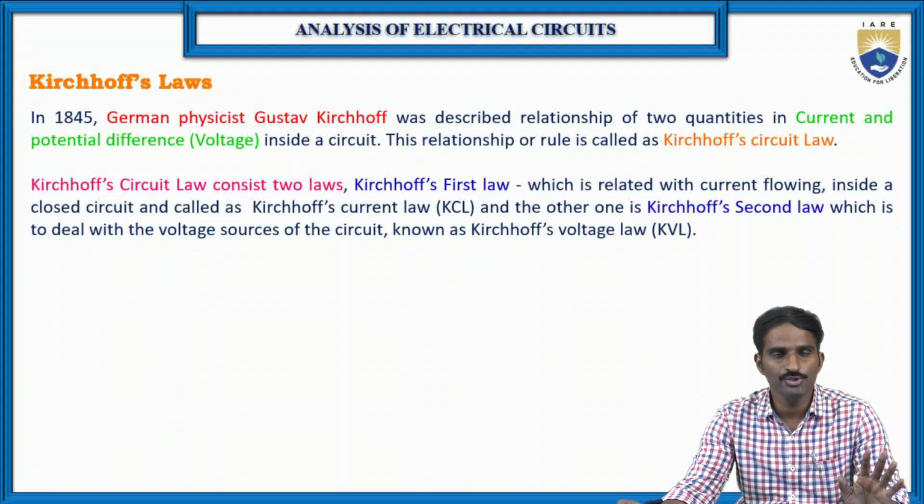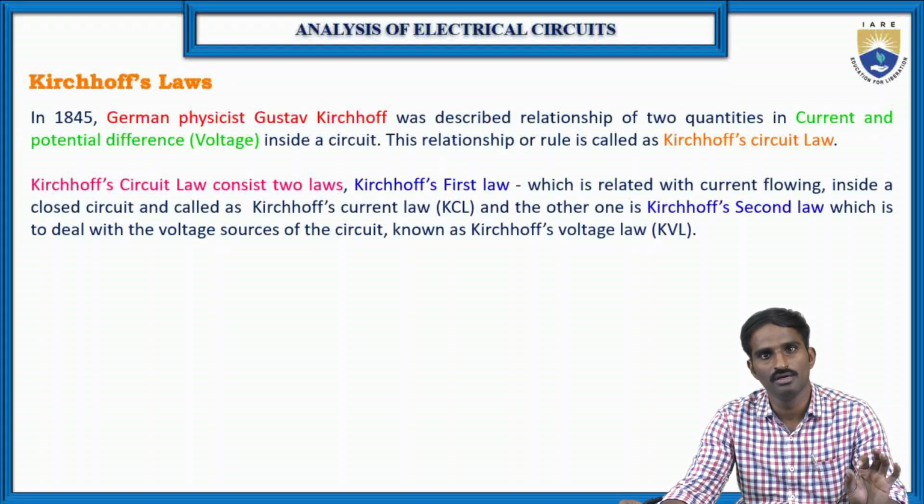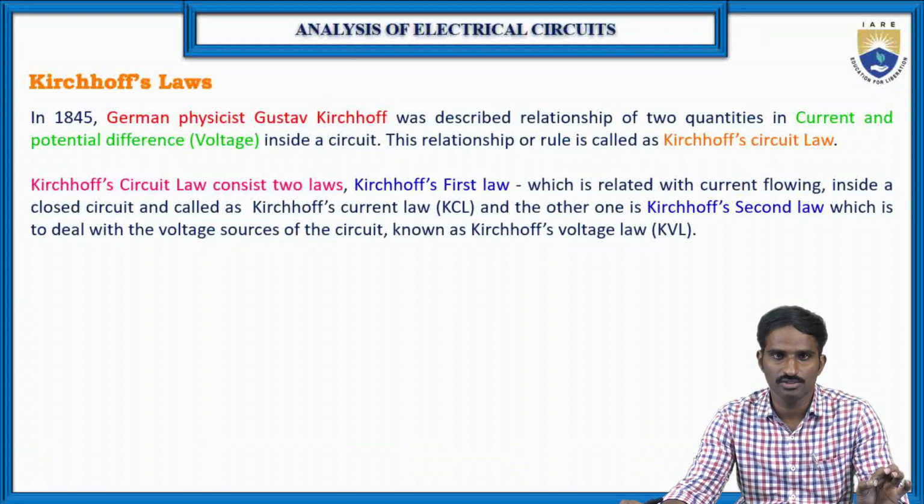There are mainly 2 different types: Kirchhoff's first law and Kirchhoff's second law. Kirchhoff's first law is associated with the currents flowing through the circuit, and Kirchhoff's second law is associated with the voltages present in the circuit. That's why the first law is also called Kirchhoff's current law, and the second law is also called Kirchhoff's voltage law.